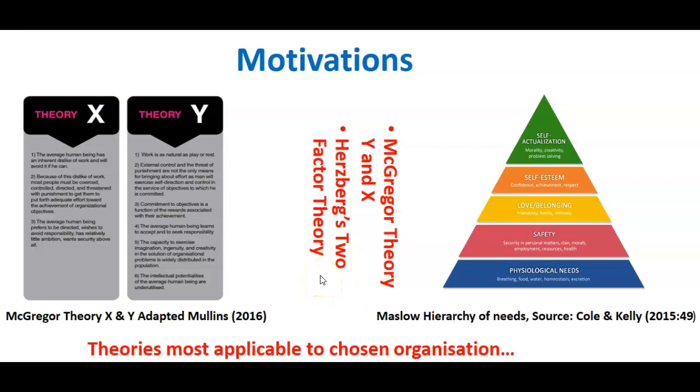But I've identified two specific models that apply to my organization, and that is McGregor's theory X and Y, and Maslow's hierarchy of needs, Cohen Kelly, 2015, page 49. And again, a reminder that you need to bring in critical analysis and apply to specific examples within your organization.